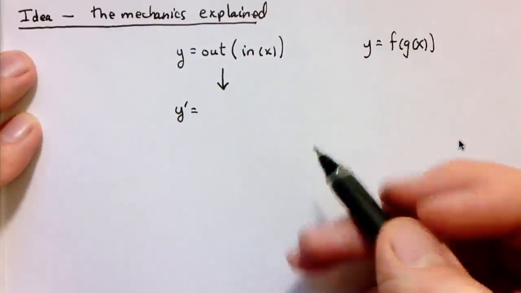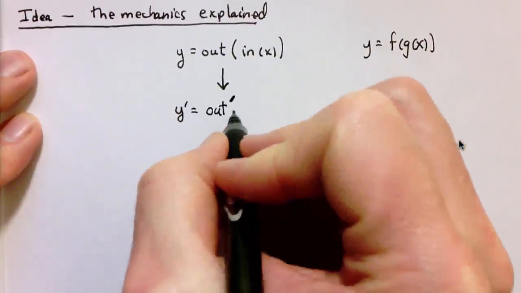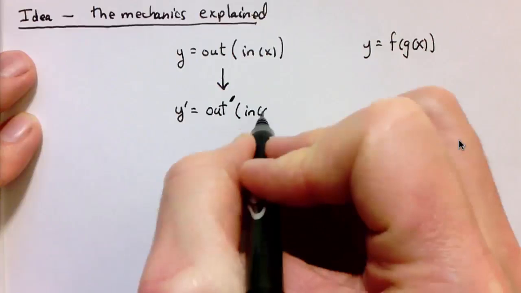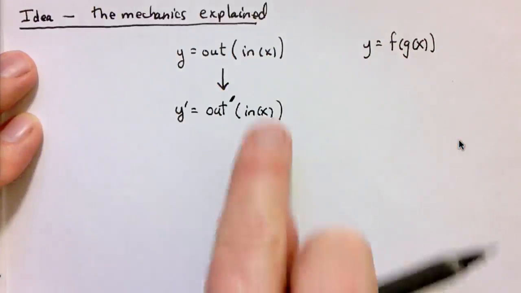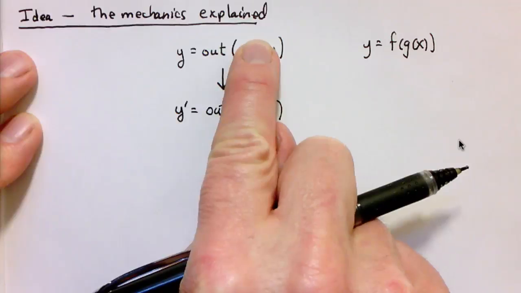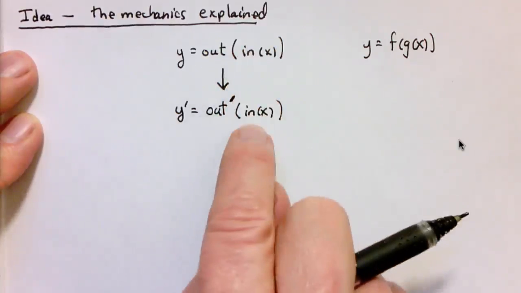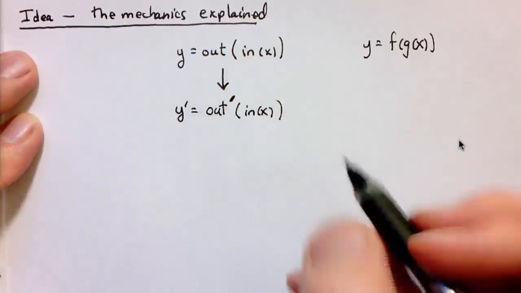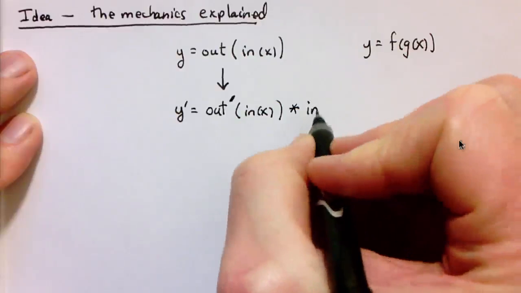And so what the chain rule says is we have to differentiate the outside function while leaving the inside function alone. Sometimes I call this the cover-up rule. I start by covering up what's on the inside, and I worry about the derivative of what's outside. And after I've done the derivative of the outside piece, then I put back what was inside. It hasn't been touched. But the chain rule part says we now have to multiply by the derivative of what's inside.